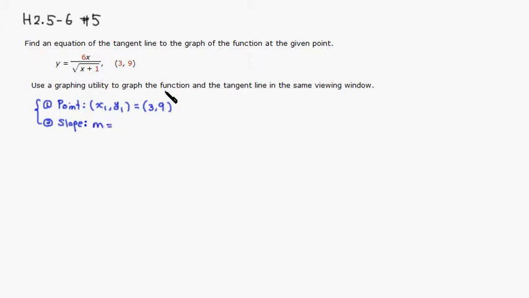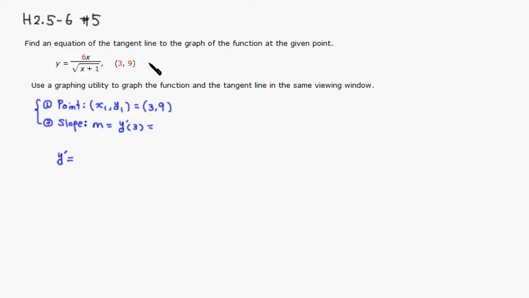In order to find that, we need to take the derivative of the given function and plug in the x value, which is going to be 3. Now we have to find the derivative. So y prime is going to be equal to... first, I don't like the square root.